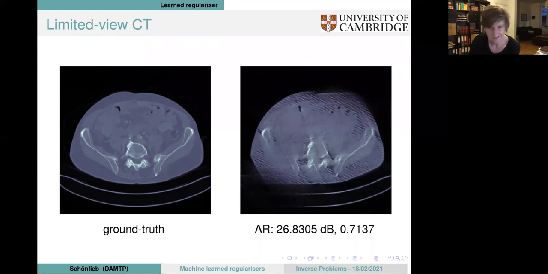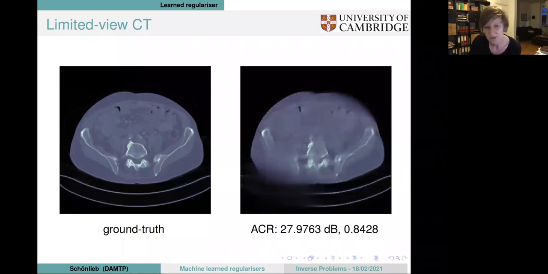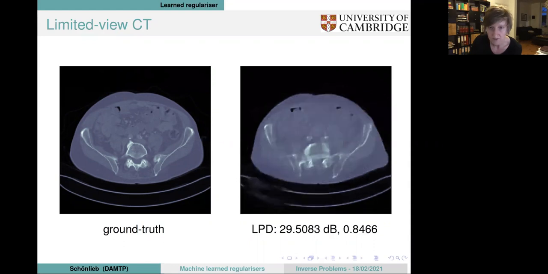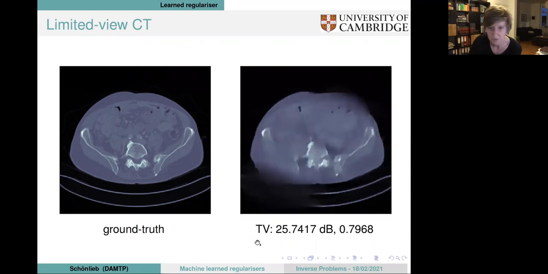So here you definitely see the theory already kind of warning you that things can go terribly wrong if your inverse problem is very ill-posed. Yeah? And this is what you get with the convex regularizer. Then again, you see that somehow the convexity of this regularizer saves you from doing too much harm. And in comparison to TV, actually, you make another jump.